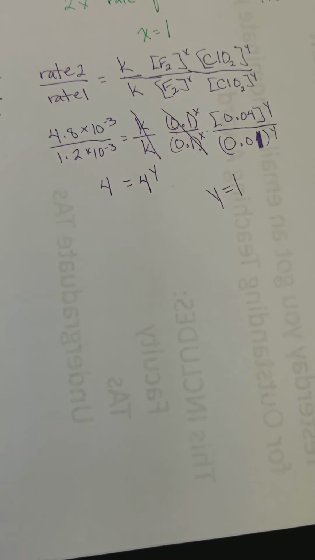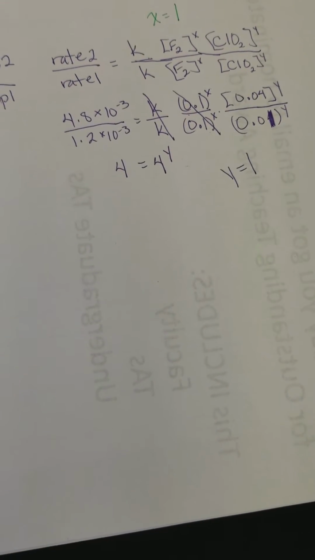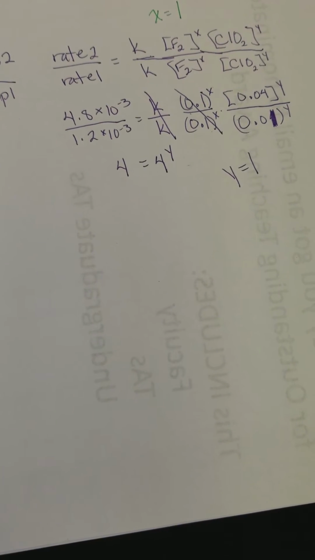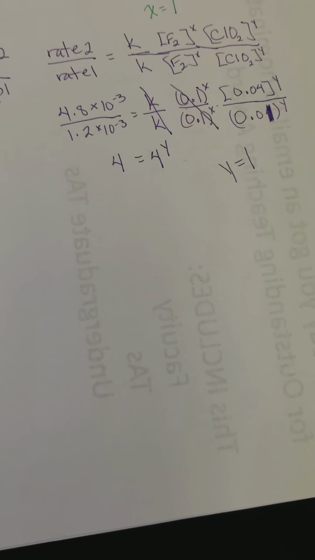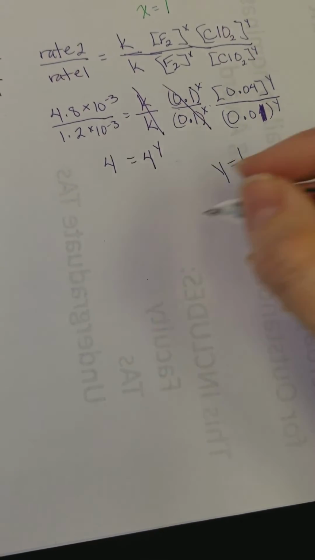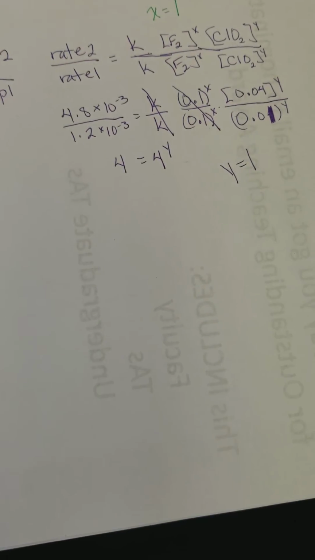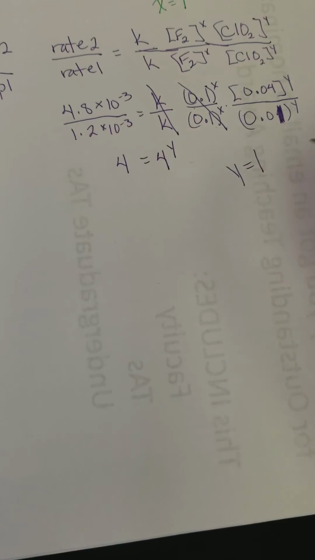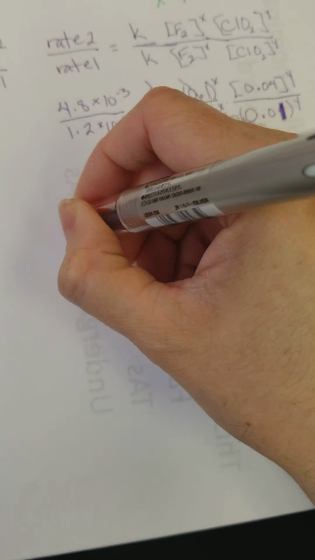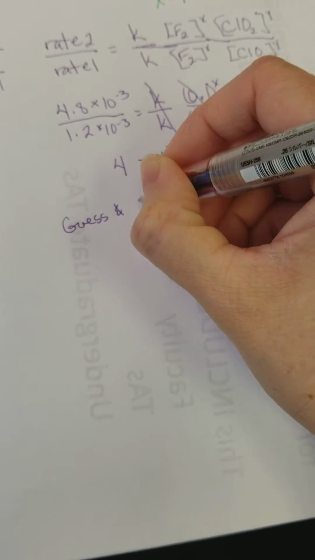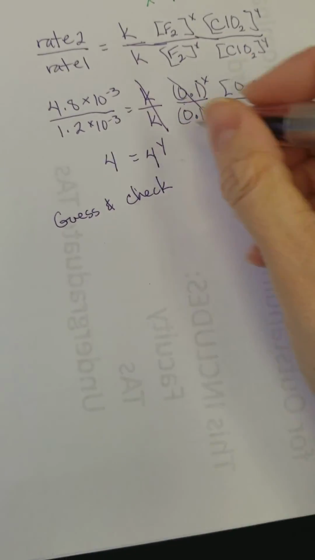The other thing you can do, which some people don't like, is you can take the log of both sides, and that would let you solve for y. But in general, if me saying the word logarithm makes you feel nervous, I would recommend that you play guess and check and figure out what will make this equal.